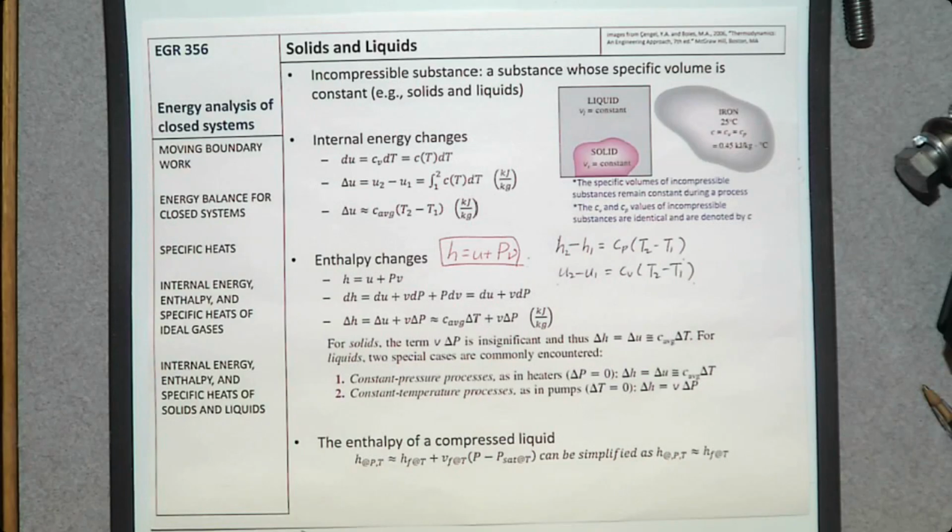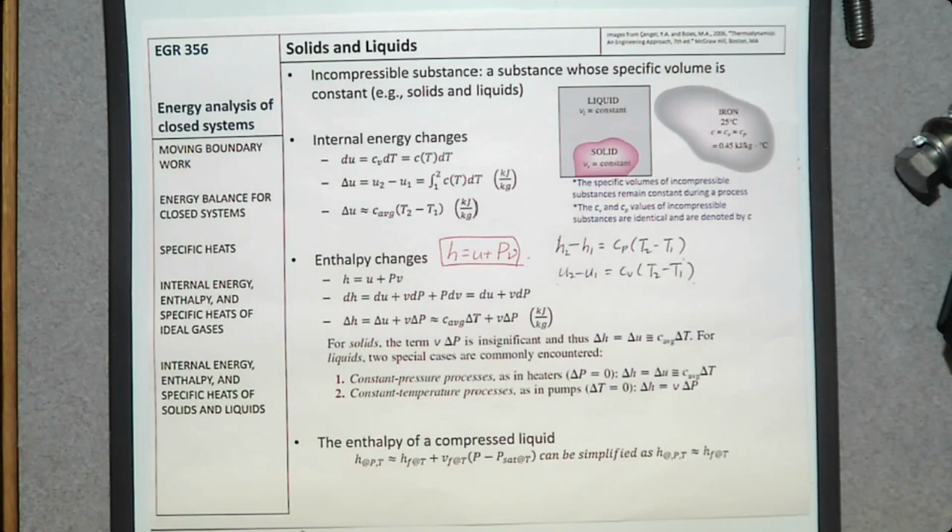If you cool it down, the volume goes down. But for liquids and solids, the volumes are constant. In reality, there is a change in their volumes. However, the change is small, so we assume that they are practically constant. They are, in other words, incompressible.